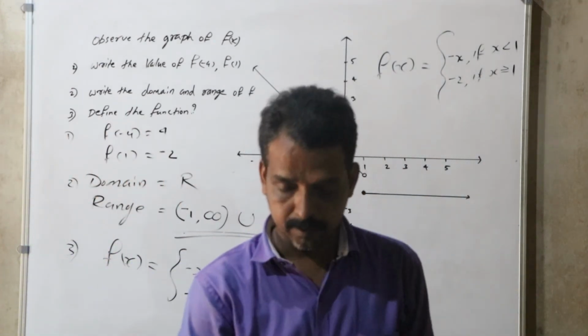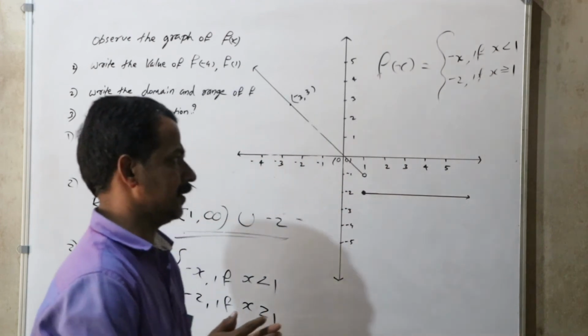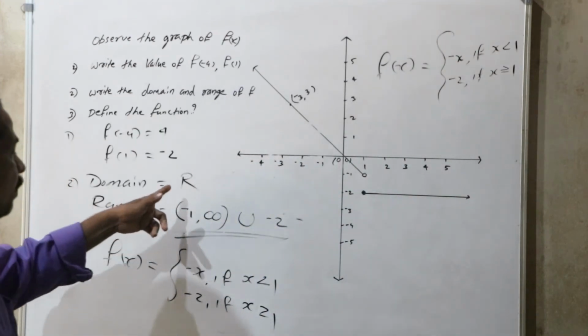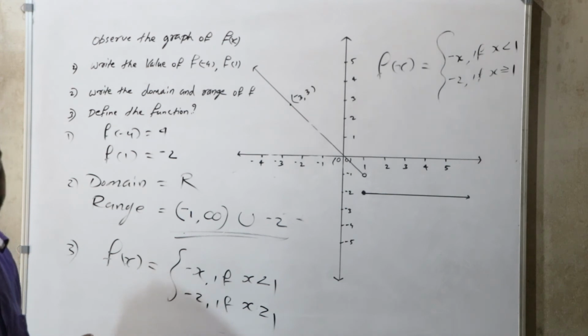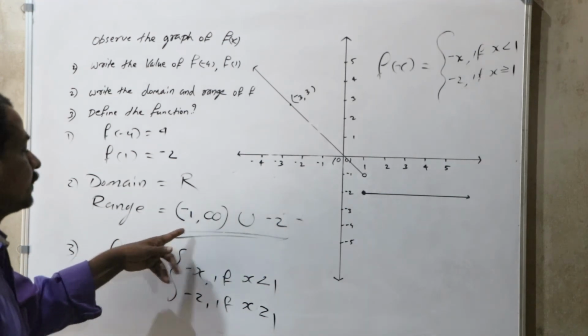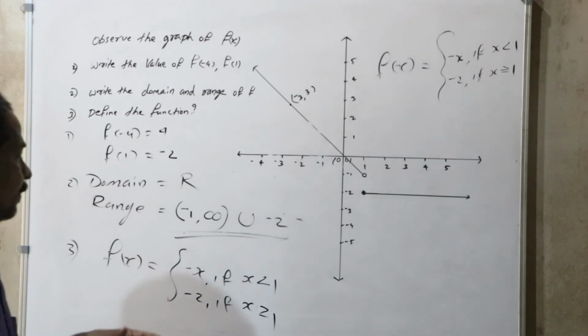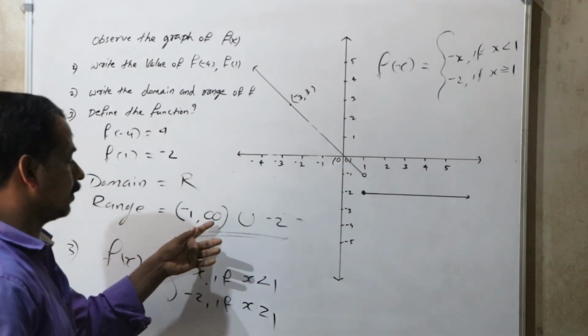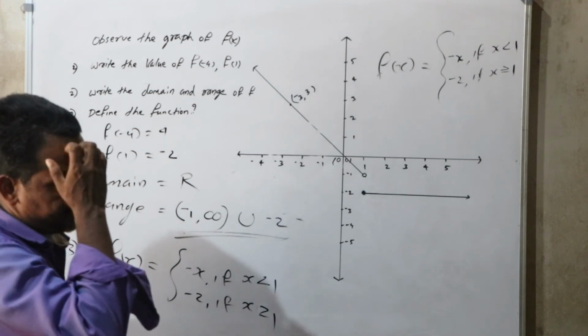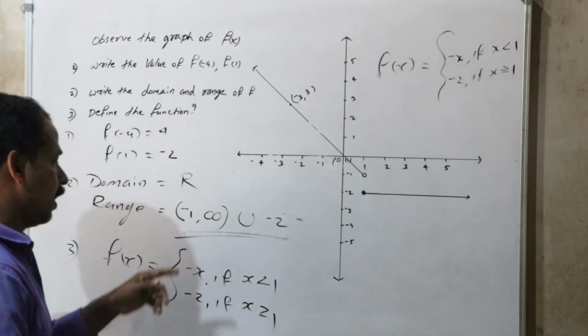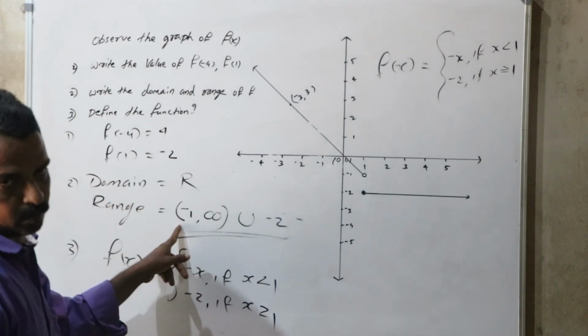Okay, this is the easy method. We have the domain and range. The range includes two parts: one is (-1, positive infinity), and -1 is not included.